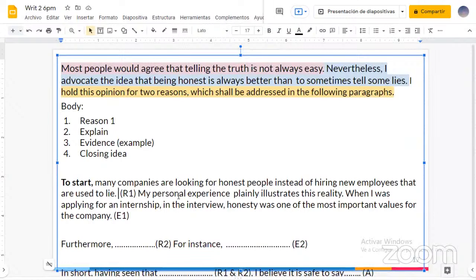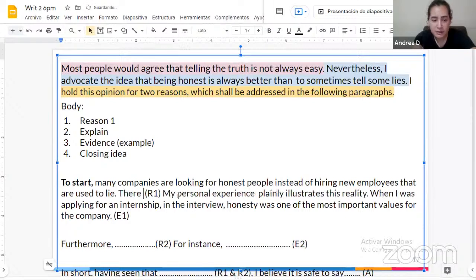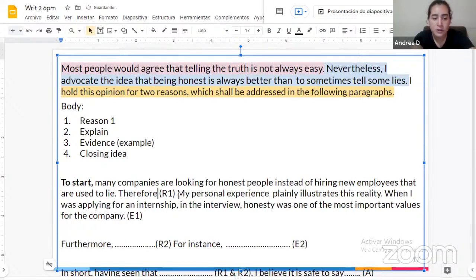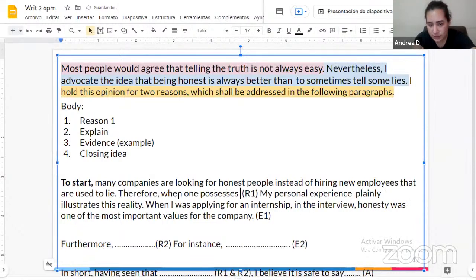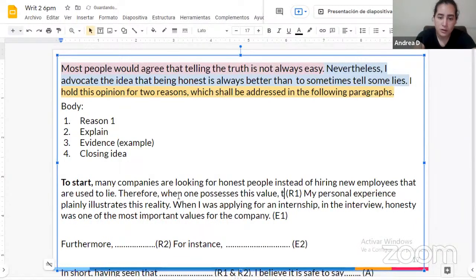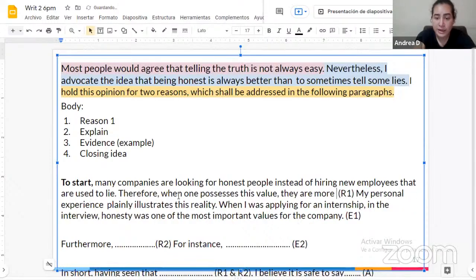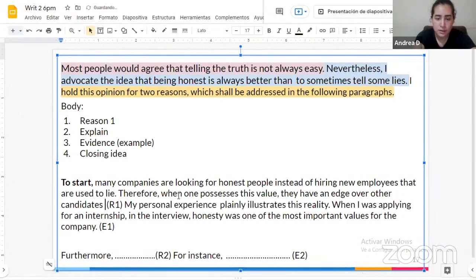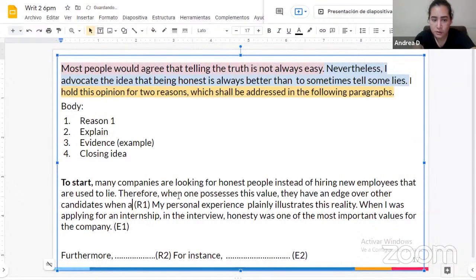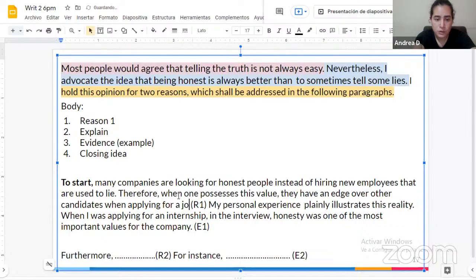Okay, so maybe we can do something temporary and say something like therefore, as a result, hence, when one possesses this value, they have an edge maybe over other candidates when applying for a job.